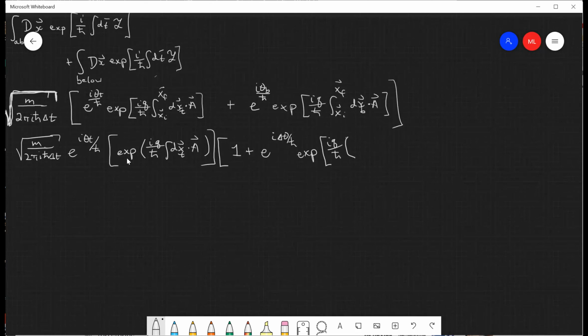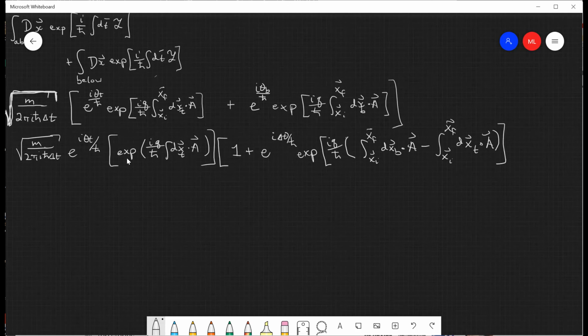So what we're left with is an integral from the initial point to the final point of integrations that go over paths below the cylinder minus the integration that goes over a path over the top of the cylinder. Yeah, so you have that.